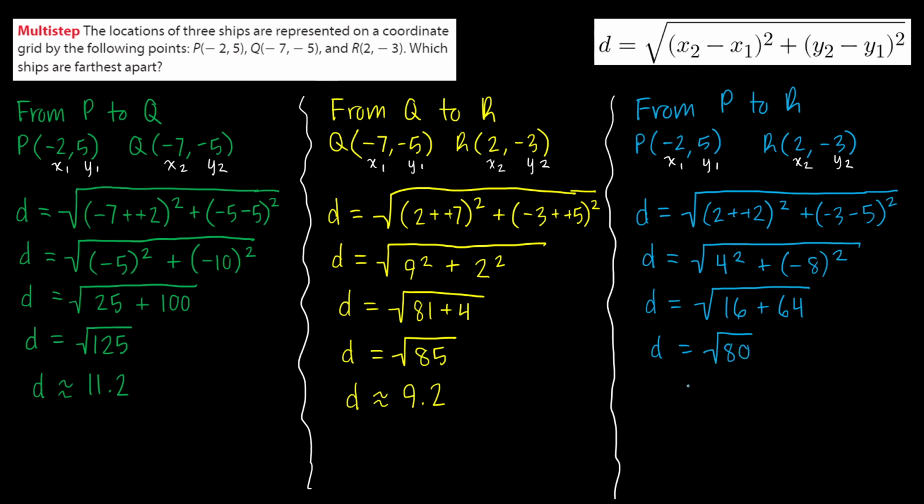And by now you're probably seeing exactly which distance is farthest apart. The square root of 80 is approximately 8.9 units.